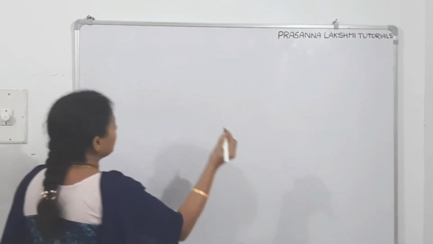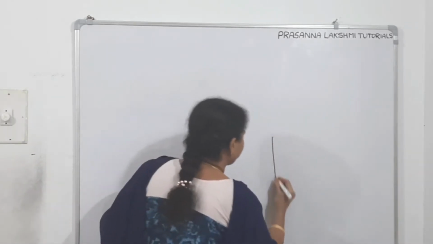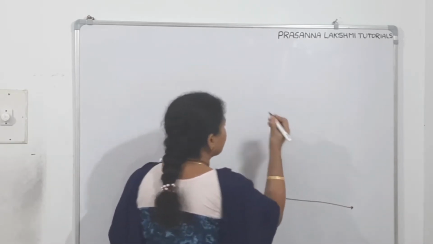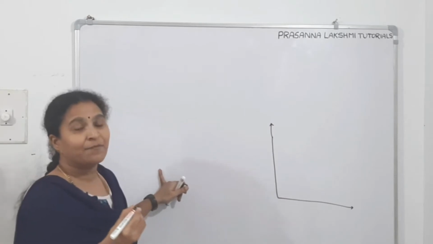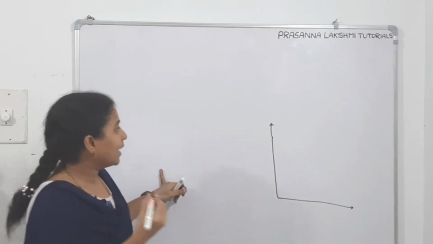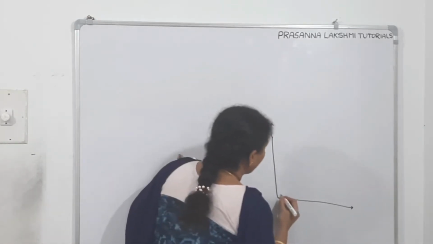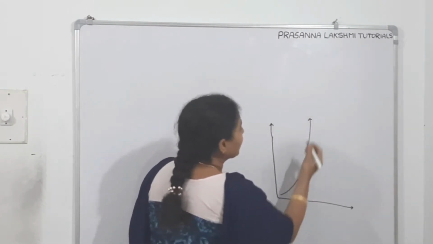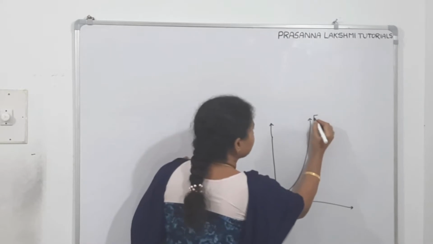So if we see the graph, what type of graph are we getting for exponential and what type of graph are we getting for the other one? So one we get a J-shaped graph. J-shaped graph we are getting for exponential growth, right?